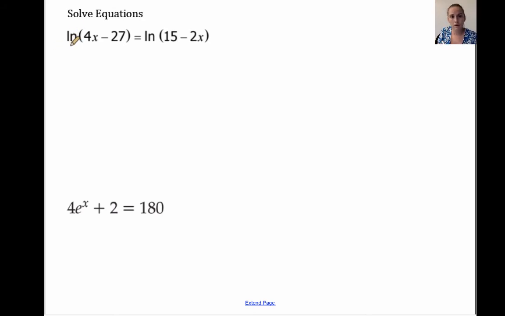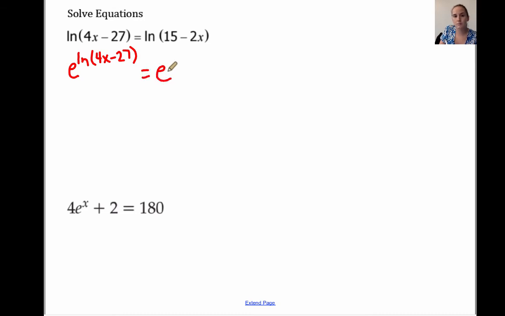That's a natural log. In order to get rid of the log so I could get inside there to get the x, I have to make all of this go into the exponent, and I need to use a base of e. So I'm going to write e to the ln 4x minus 27.